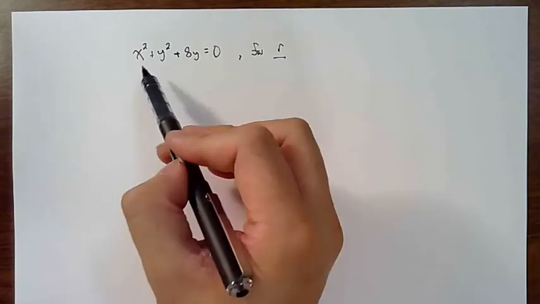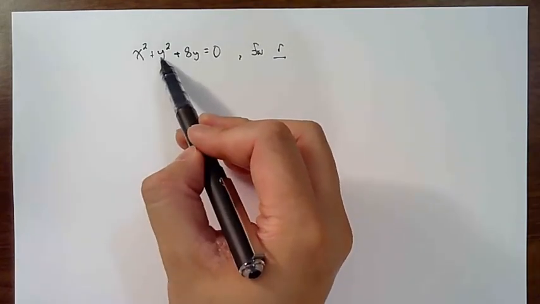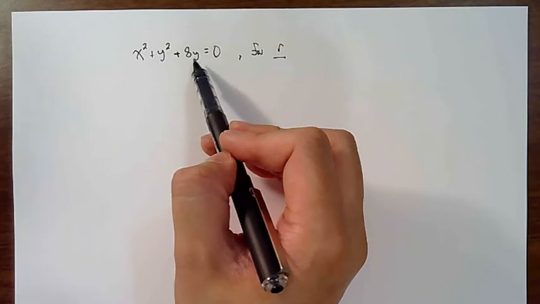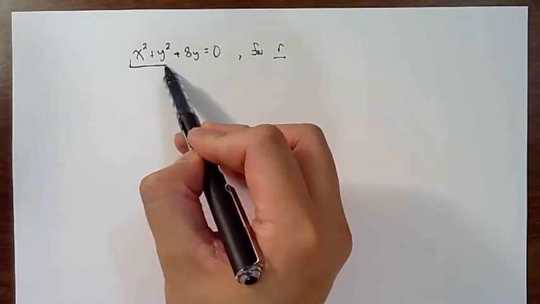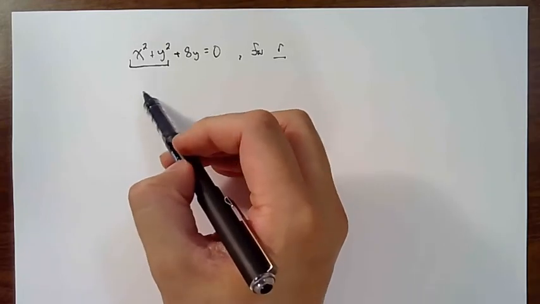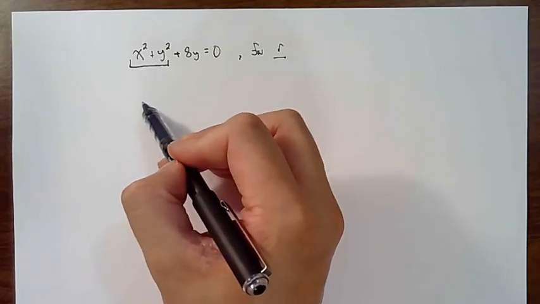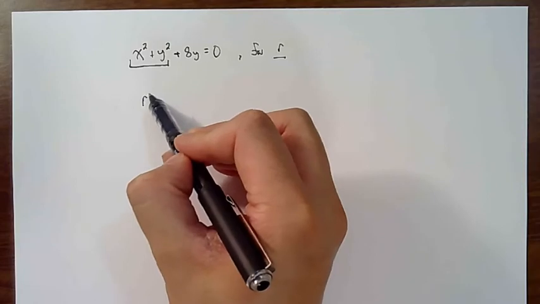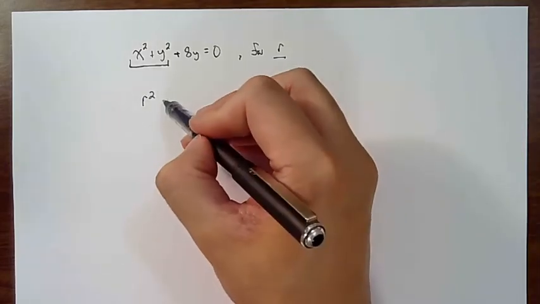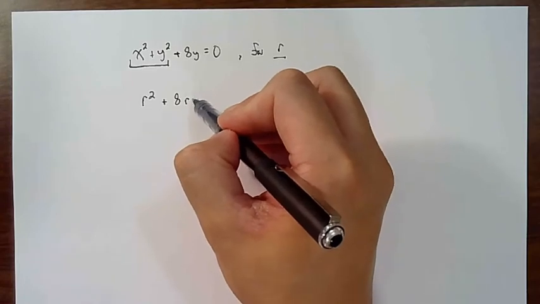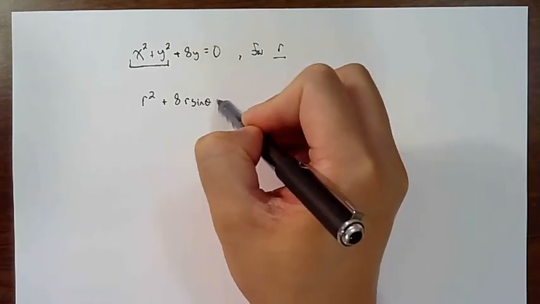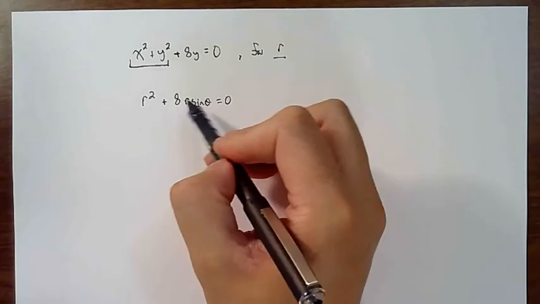So you may be tempted to just use r cos, r sine, and then r sine here again. But when we look at this, this is actually one of the terms that we had a conversion for directly, which is just r squared. Then we just add on 8y, but y is equal to r sine theta. So we can factor out the r's here.